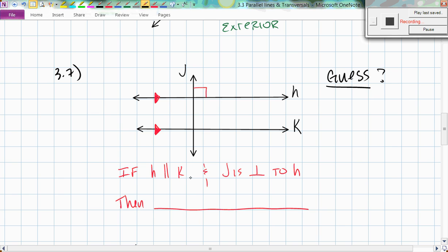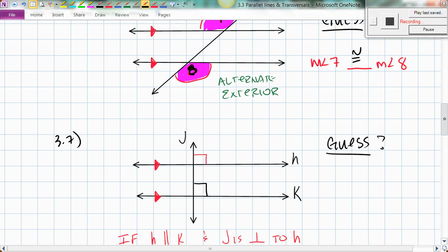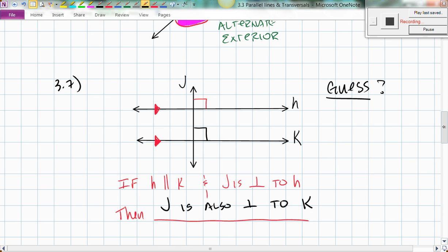If H is parallel to K and J is perpendicular to H, then J is also perpendicular to what, everybody? K. Very good. That was the answer. Perpendicular there as well. So we have 4 new theorems today. That was theorem 3.7. 4 new theorems today.